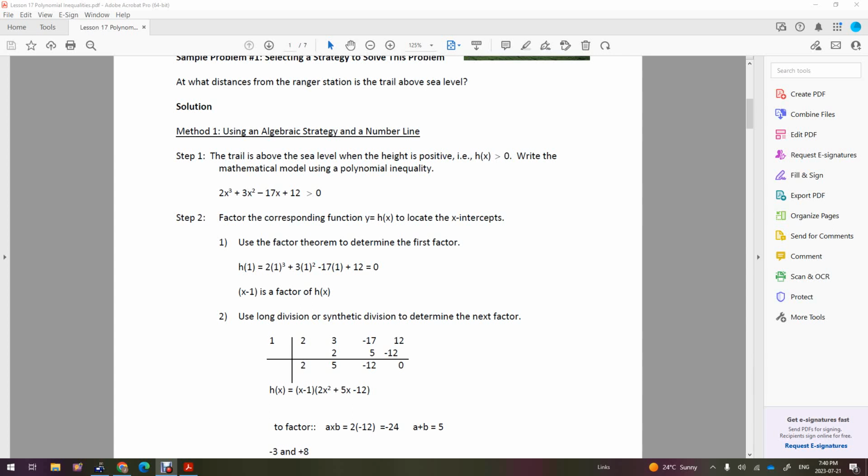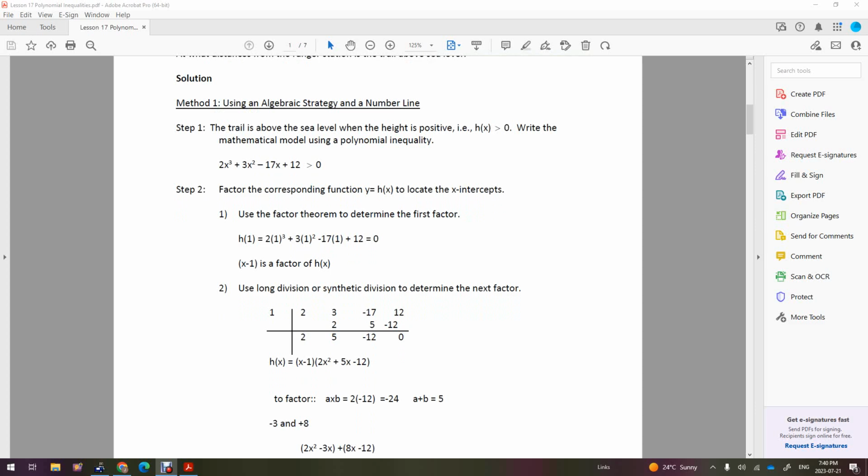Now, step 2, we will use either long division or synthetic division, your choice, to determine the next factor. So we know the root is 1, so we set that up on the left side. We take the numeric values from each term, 2, 3, minus 17, and 12. So we take 1 times 2, and then we take 3 plus 2 is 5.